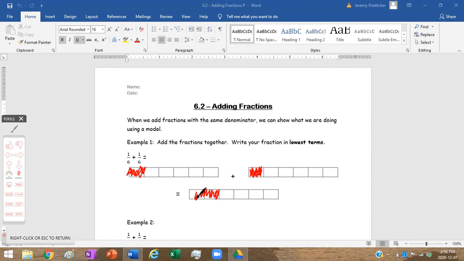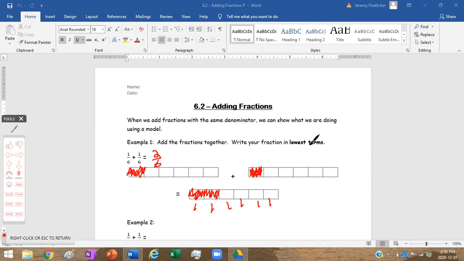So right off the bat, we should be able to see 1/6 plus 1/6 should equal 2/6. Because again, we've got two of these shaded, and one whole is represented by the 1, 2, 3, 4, 5, 6 spaces there. We've shaded in two of them.